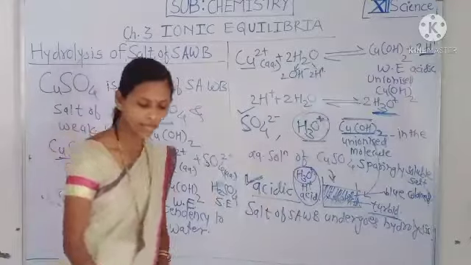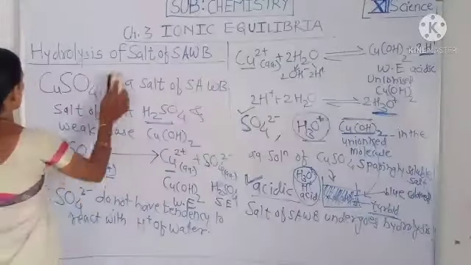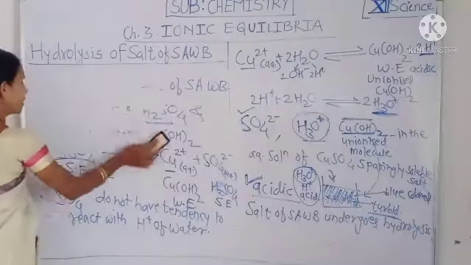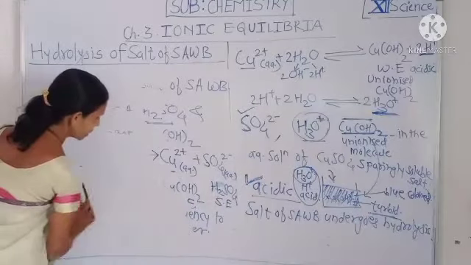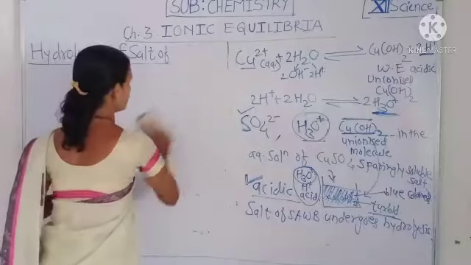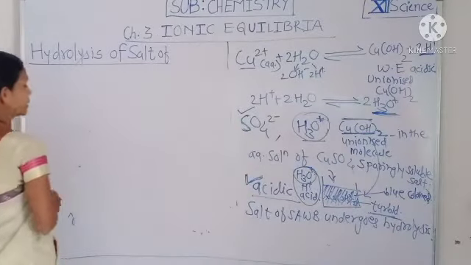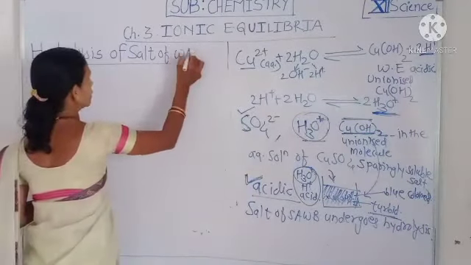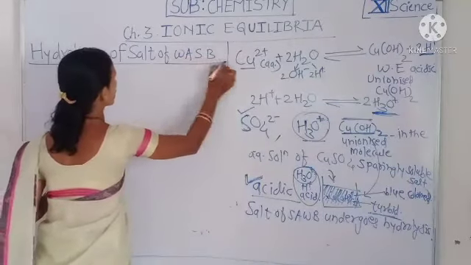Then the next type, the third type of salt, is the salt of weak acid strong base.